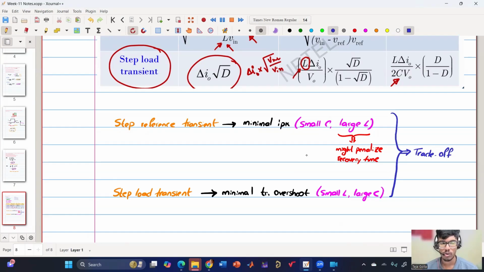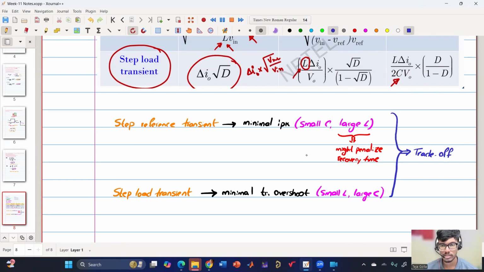So now we have to consider the trade-off again. Similar to the last problem, here also there is a trade-off between the load transient and the reference transient. So we need to consider conservative inductance and capacitance and make sure our controller ensures that both the load transient and reference transient are according to the requirement. We cannot have the best of both worlds.